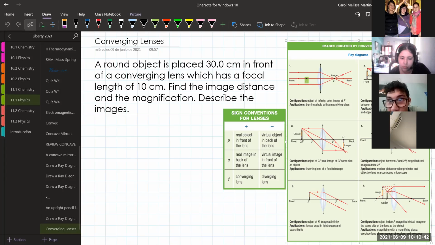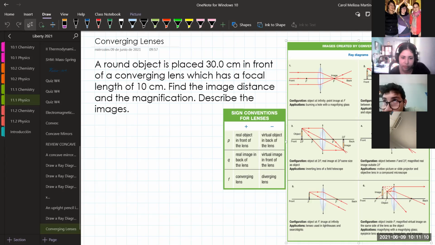And it happens in every single example. Front, back, and front, back. Okay? So in all these ray diagrams, we're going to have to locate the focal point in the two sides of the lens.